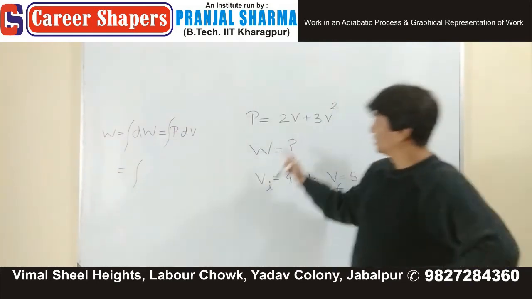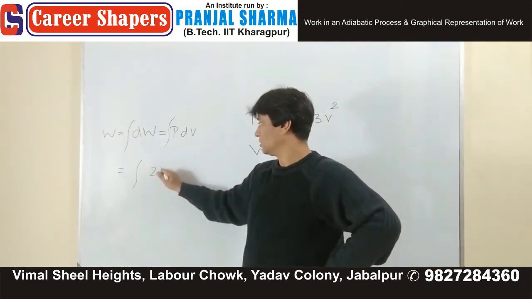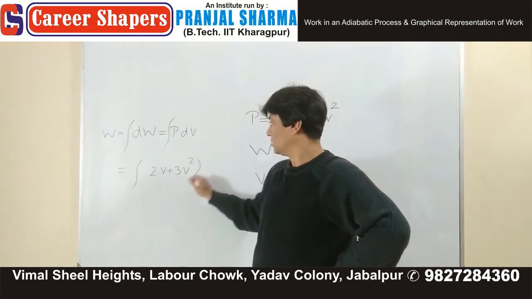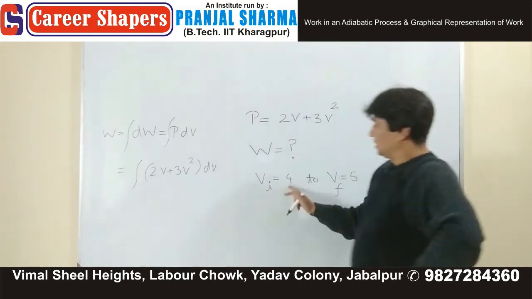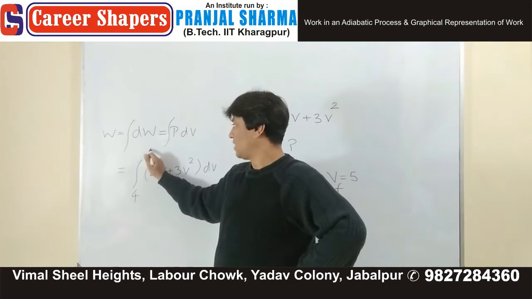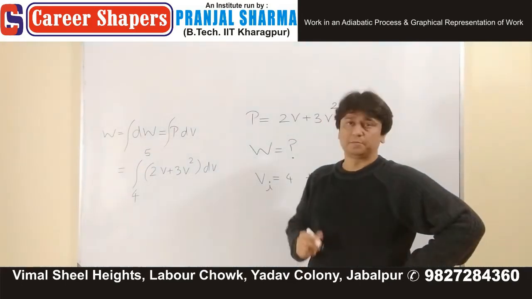What is pressure? 2V plus 3V square. Initial limit 4 and final limit 5. It's a simple integration of this type.